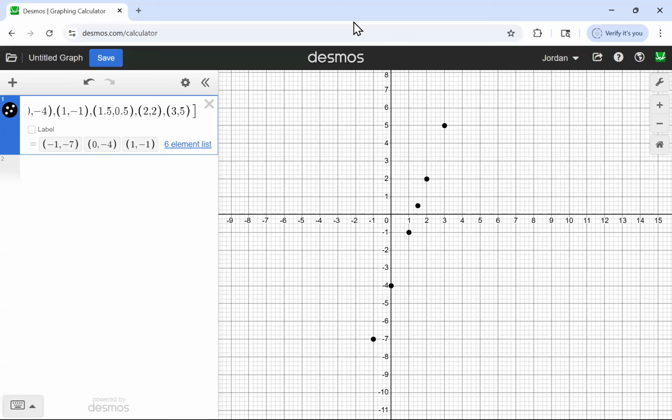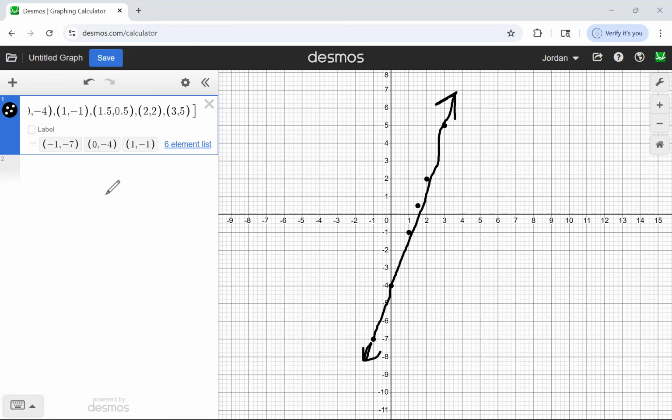And so if I were to graph this, I would connect all of those dots and then extend that pattern on forever by putting arrows on the side.